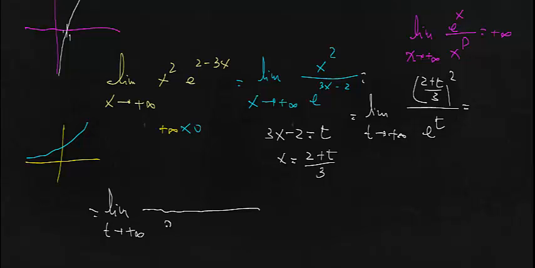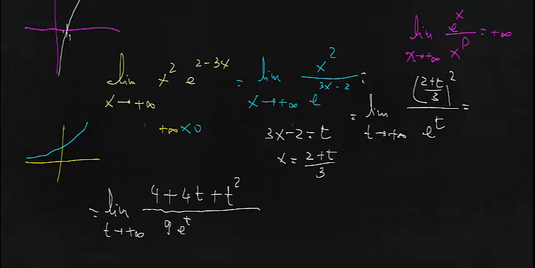I'm going to put here 9 times e to the t, and I'm going to develop this square. It will be 4 plus the double of 2 times t, which is 4 times t, plus t squared.